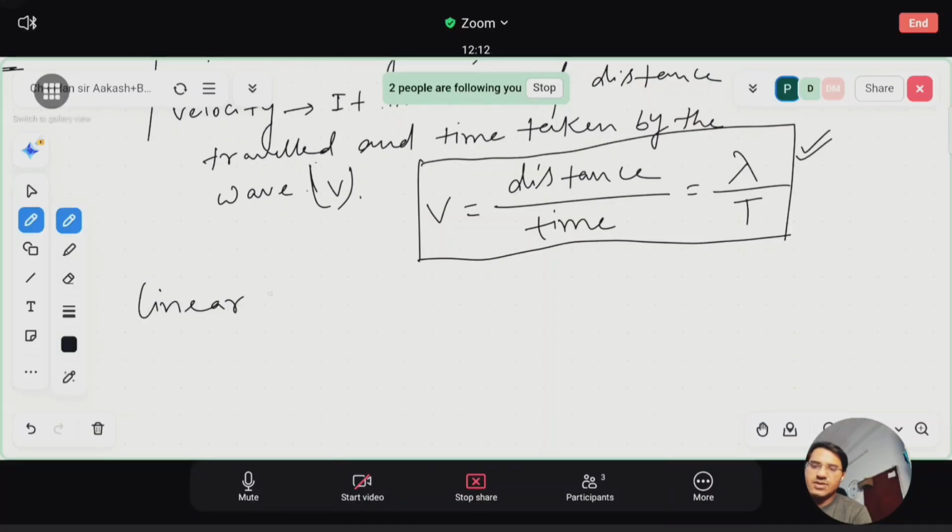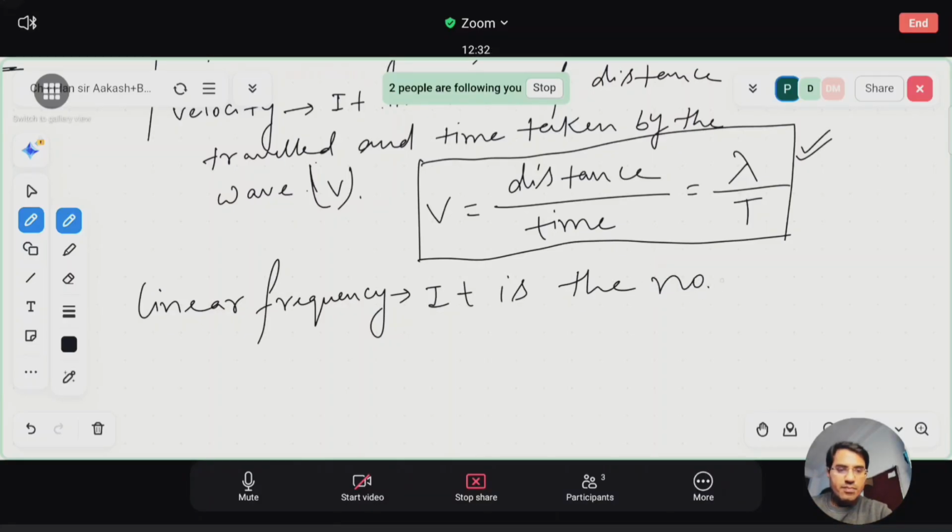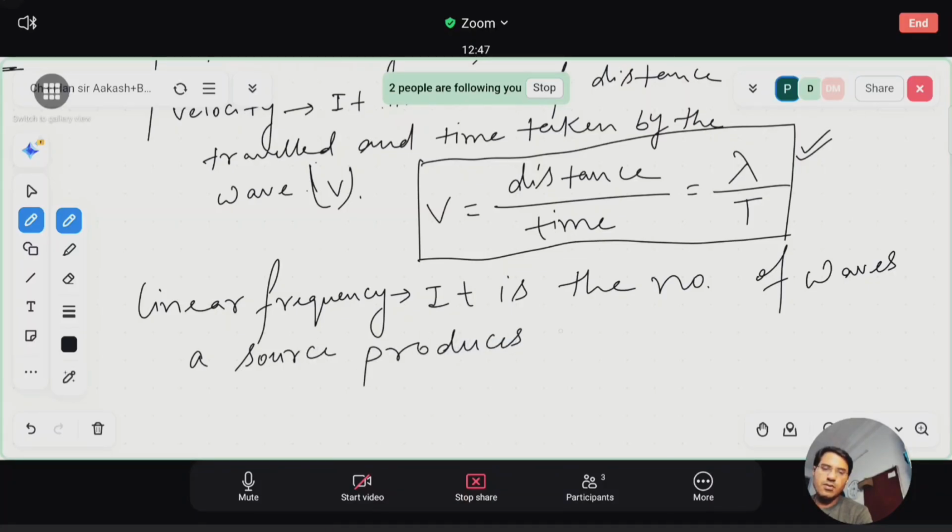Next is frequency. Its full name is linear frequency. So how to find that and what is the basic definition of that? Basically, linear frequency is the number of waves a source produces per unit time, or in 1 second.